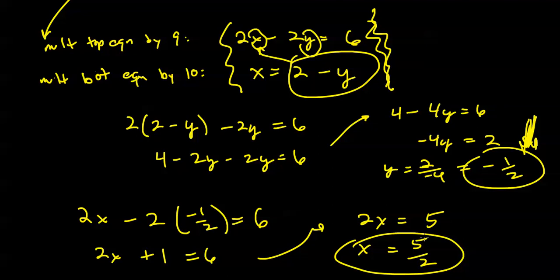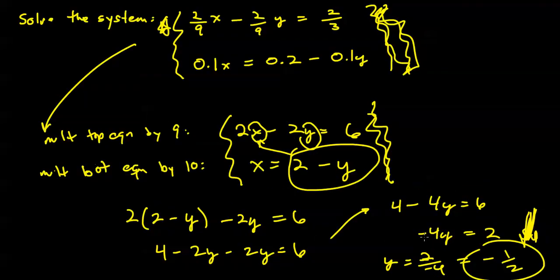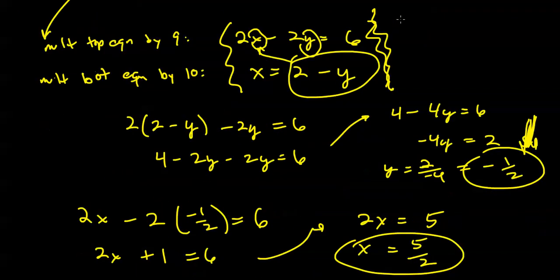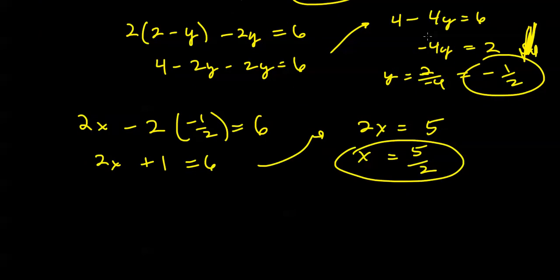And we know now that in this original system, the solution is x equals 5/2, y equals minus 1/2. So let me write that down. Solution, x equals 5/2 when y equals minus 1/2.